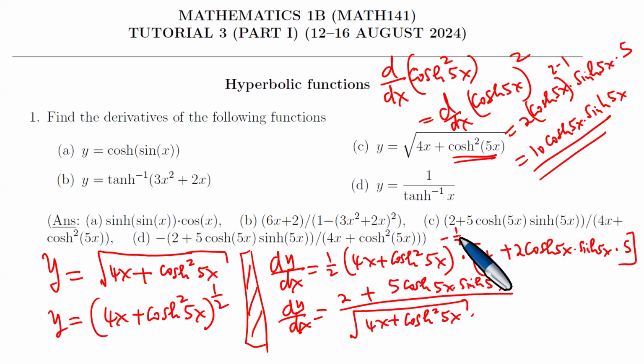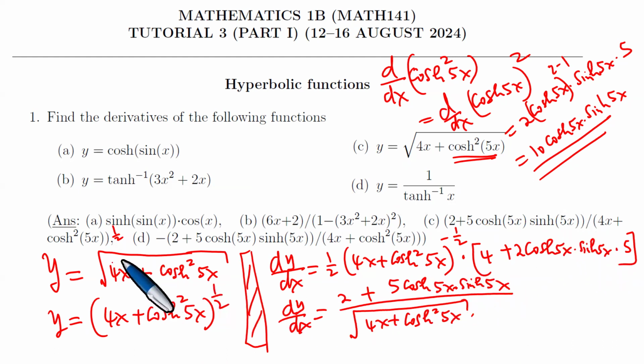And the fact that this answer we have, the 2 plus 5, the cosh of 5x, times the hyperbolic sine of 5x, divided by the square root of 4x plus the cosh squared of 5x. You note that in the solution to C, there's a typographical error in the TAT questions, in the tutorial questions, because you're able to see that here in the denominator, whoever typed this omitted the power 1/2, or at least the square root in the denominator.